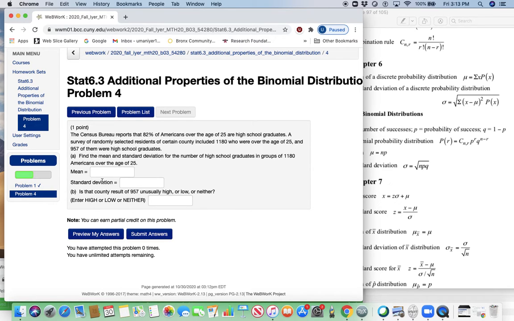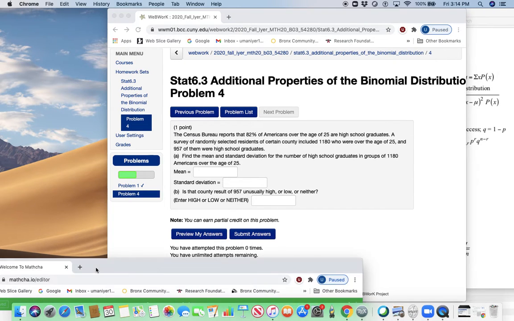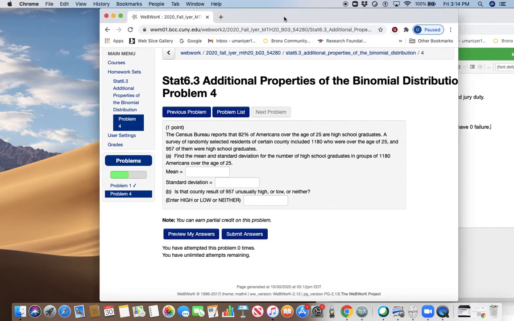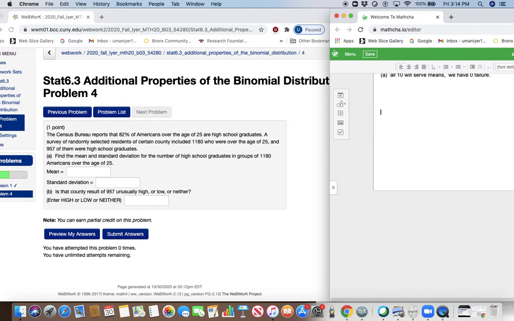But what is the expected value? Expected value is the mean. All right. So we just saw mean is n times p. So n is 1180.